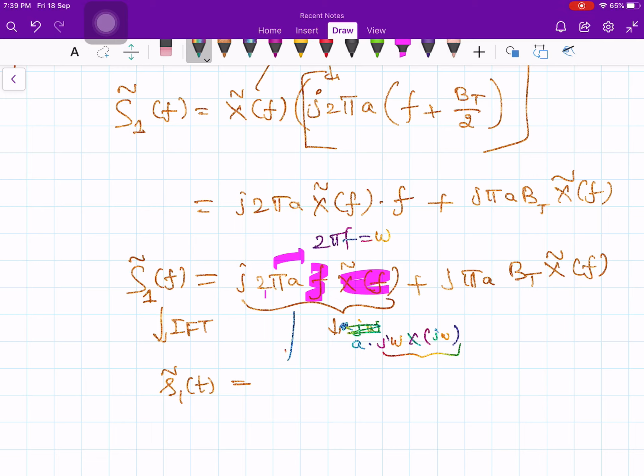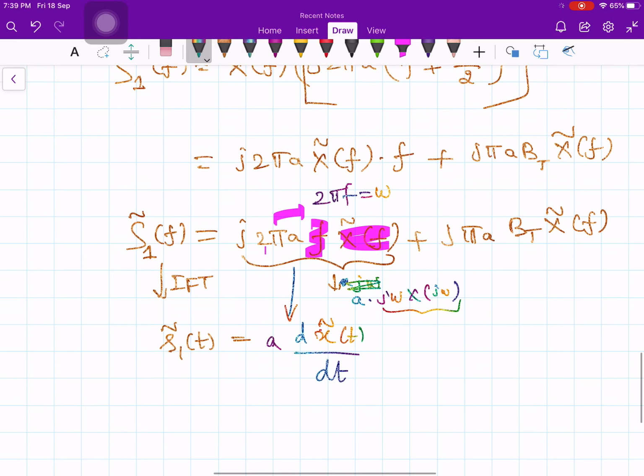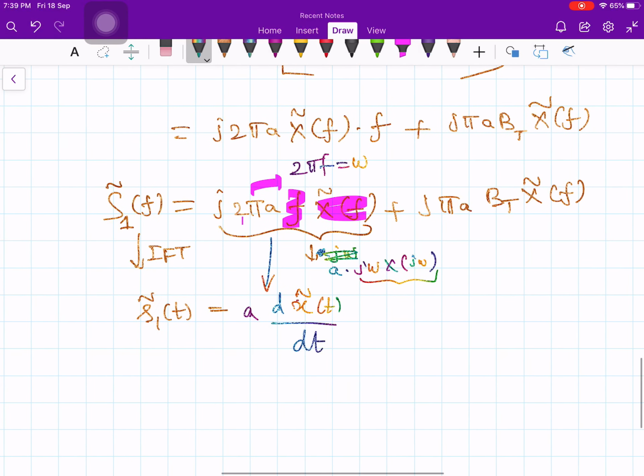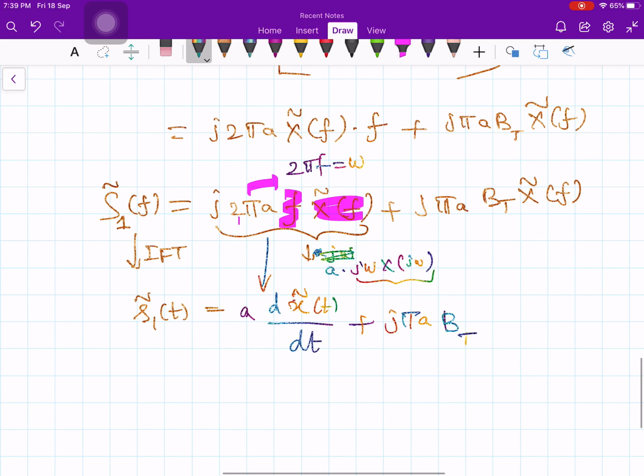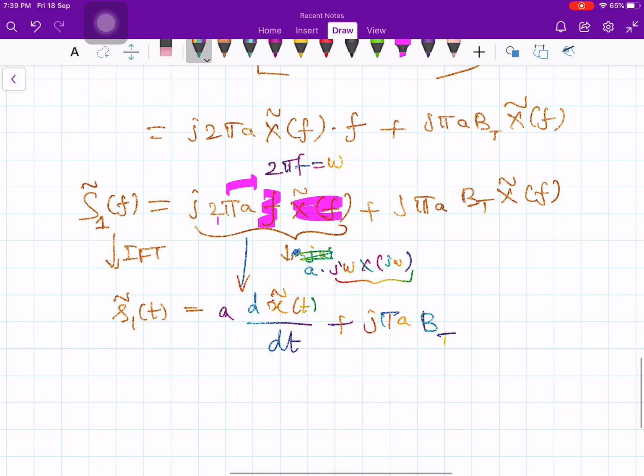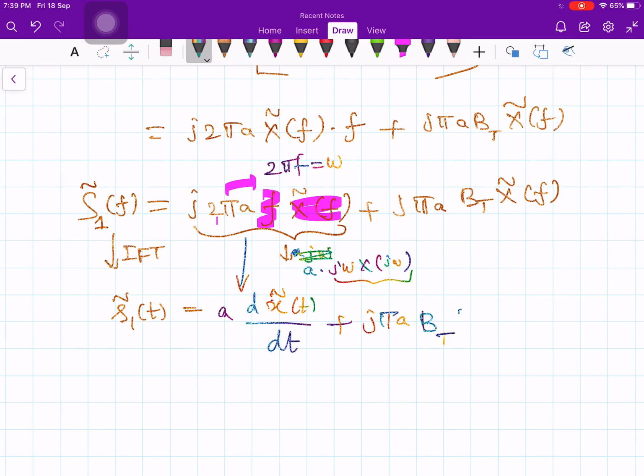So this becomes a times d of x tilde of t by dt, differentiation of the complex envelope of the signal in the time domain, plus j times pi times a times b suffix t times x tilde of t.